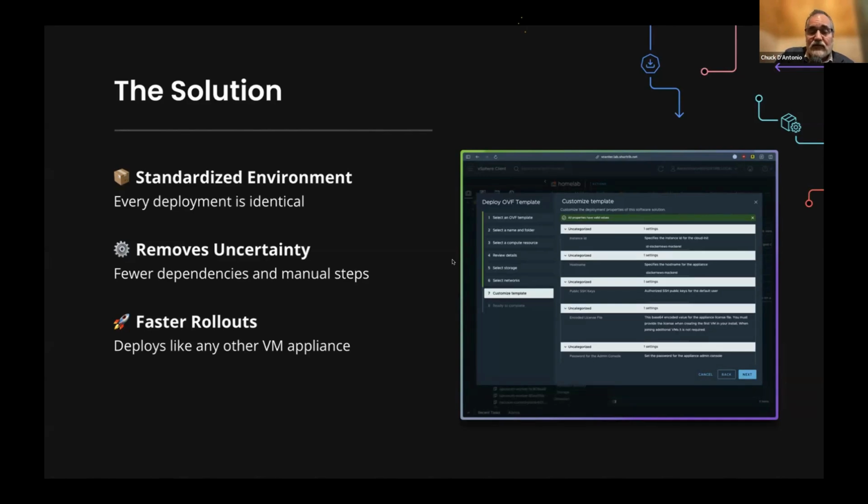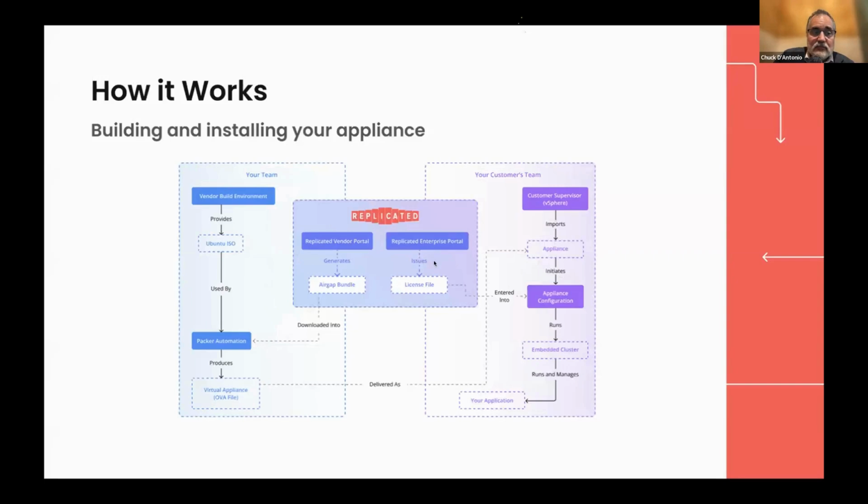No one has to get onto a box and sudo, and who has the sudo, et cetera. And then your rollouts are going to be faster, right? You saw that experience. This was ClickOps end to end, right? I was either ClickOpsing in vCenter, my VMware environment, or I was ClickOpsing in the admin console. So great solution to some of these problems that can come up.